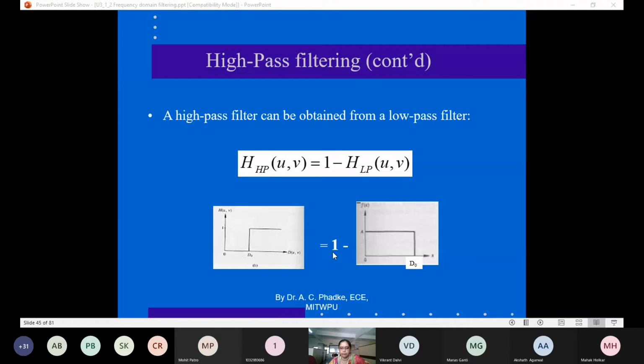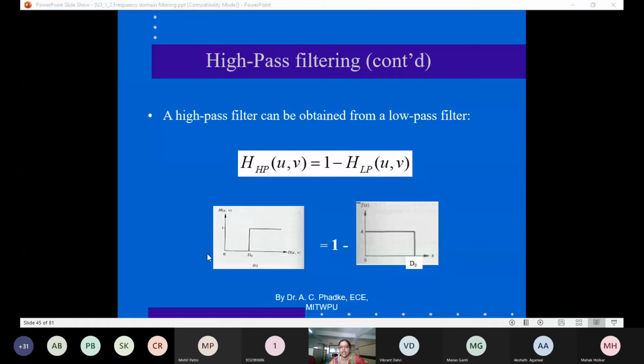If we perform 1 minus the low pass filter, we get this high pass filter function. So for the ideal high pass filter, all the frequencies below D0 are attenuated, and all the frequencies above D0 are passed as they are. We can obtain this ideal high pass filter function by 1 minus the ideal low pass filter function.